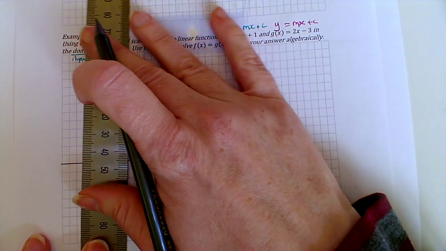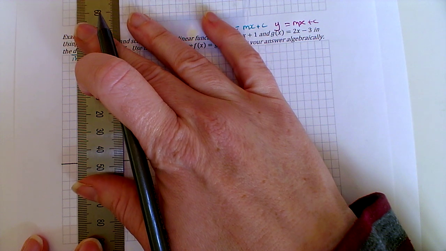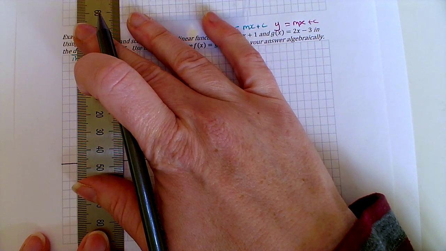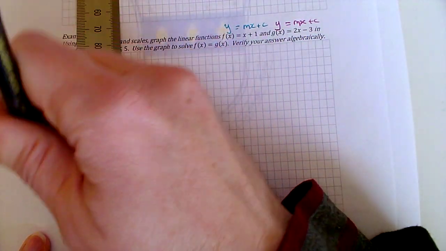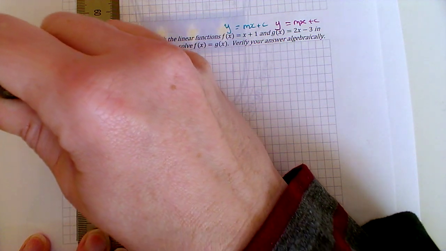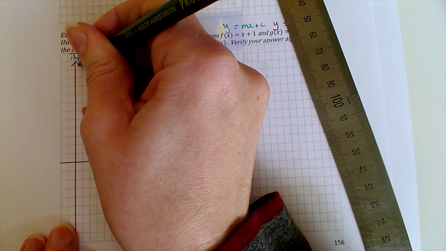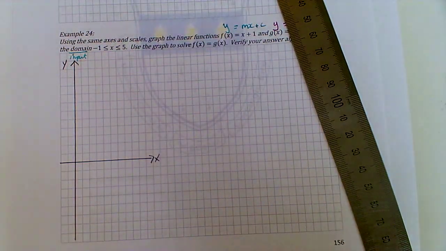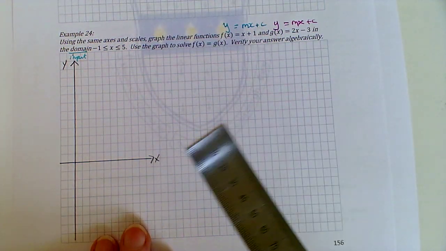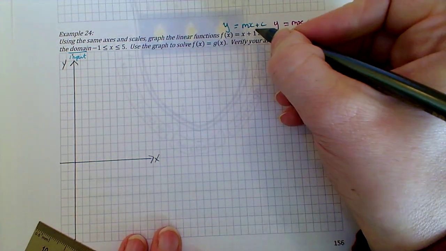And then my y values, I'll use two boxes for them as well, to make it easier to read. And how far up and how far down do I need to go here? Well, it's not exactly clear, and if you get it wrong, you can always come back and fix it again. But there is a hint in the question.